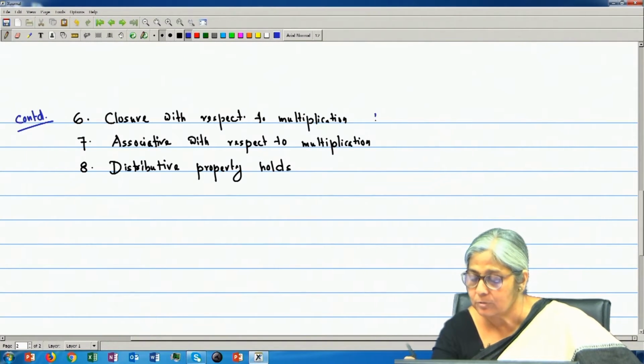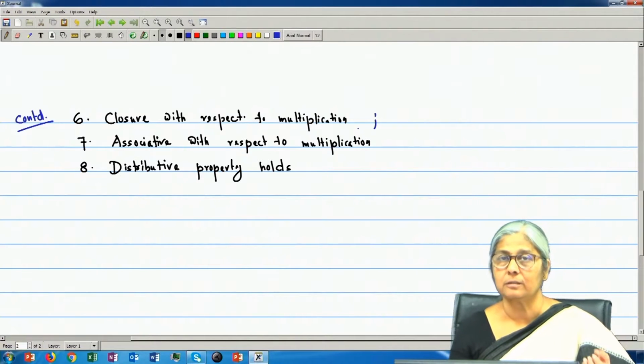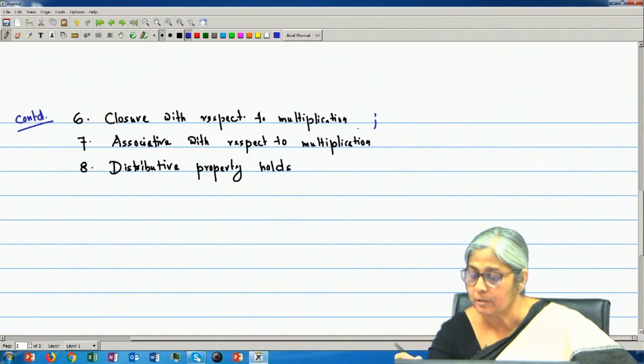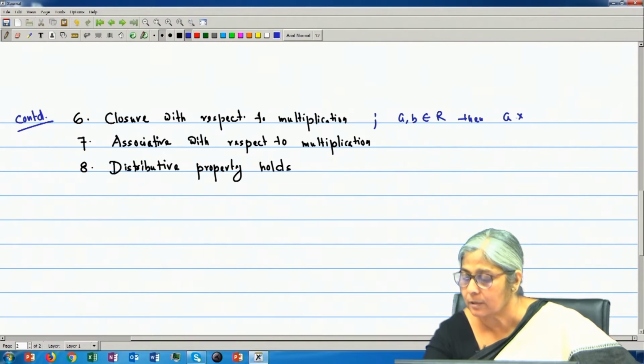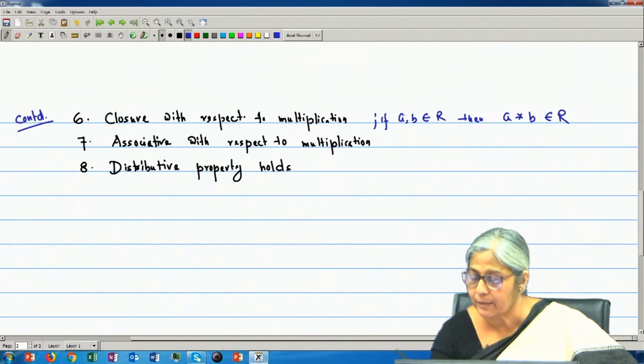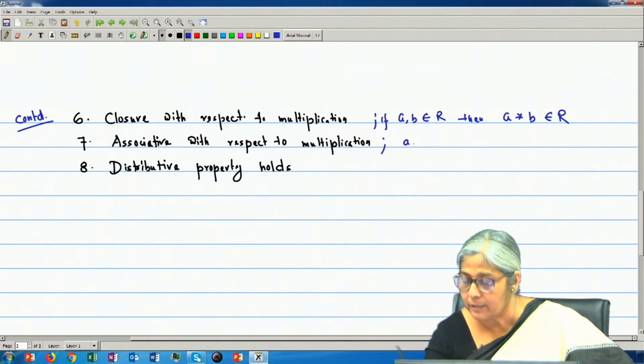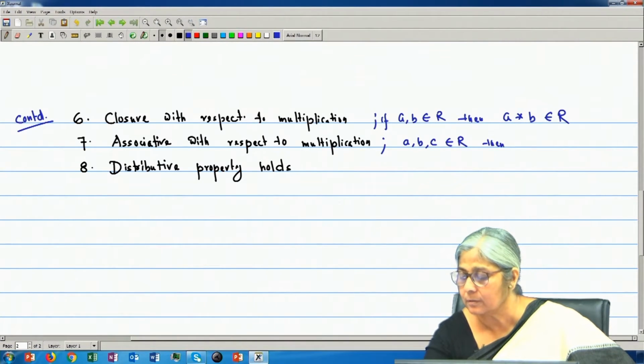Since we have taken the star notation for multiplication, if A, B belong to R, then A star B also belongs to R. Now, associative: A, B, C belong to R, then (A star B) star C is equal to A star (B star C).